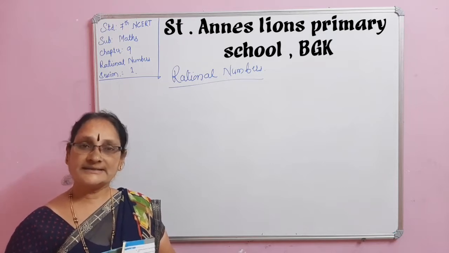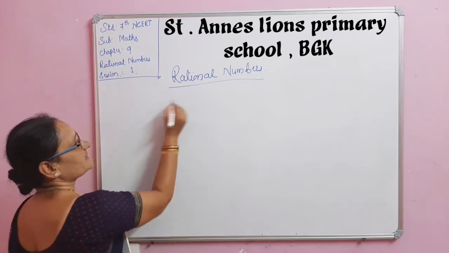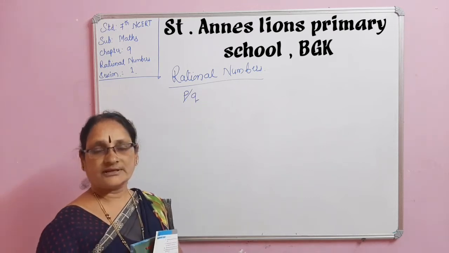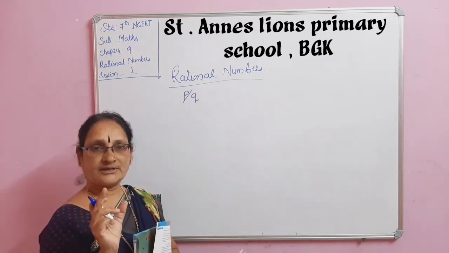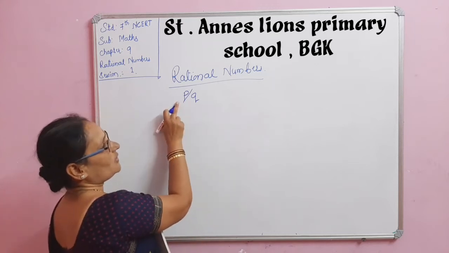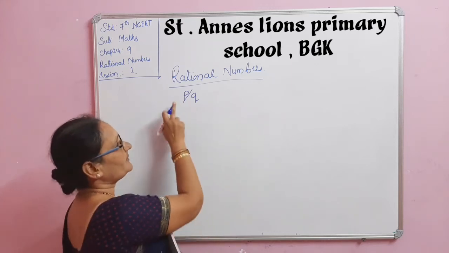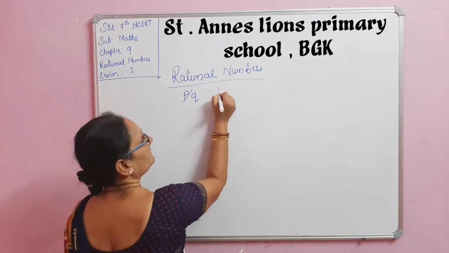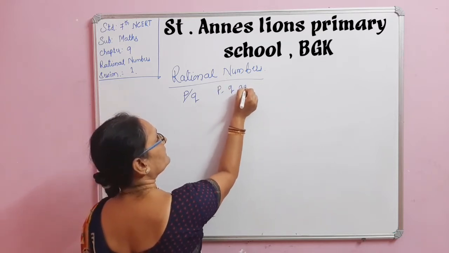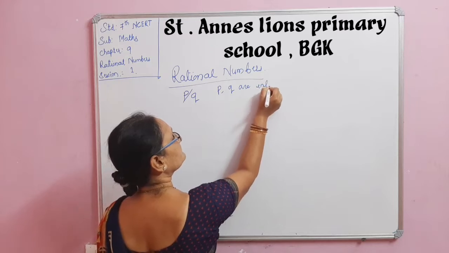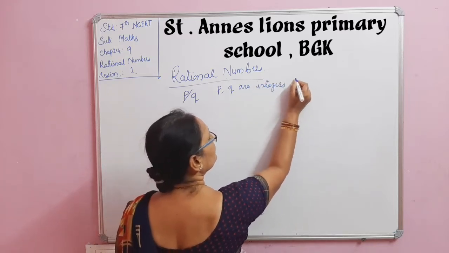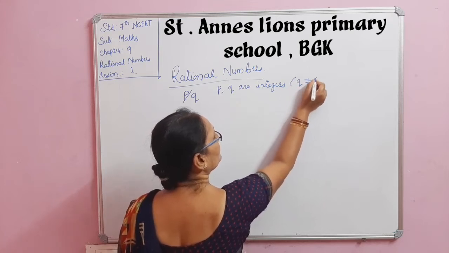A rational number is a number which can be expressed in the form of P by Q. That number can be written in the form of P by Q, where P and Q are integers, but Q must not be equal to 0.